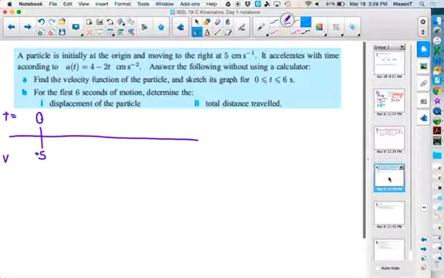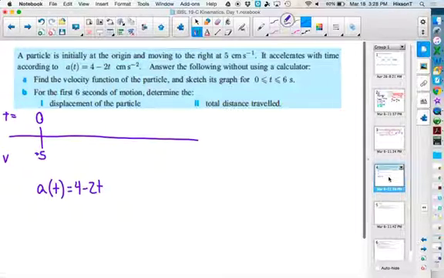It accelerates with time according to a of t equals 4 minus 2t centimeters per second squared. So a of t is 4 minus 2t. Now, first of all here, they're asking us to find the velocity.